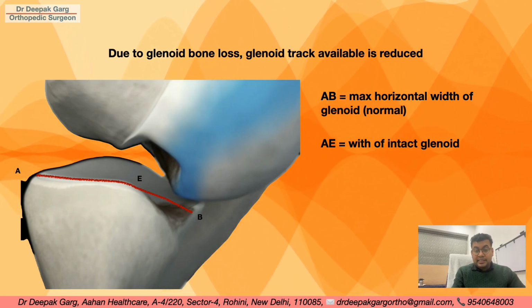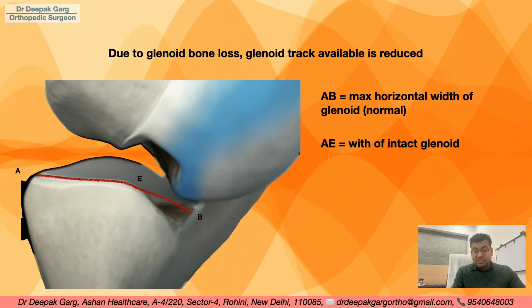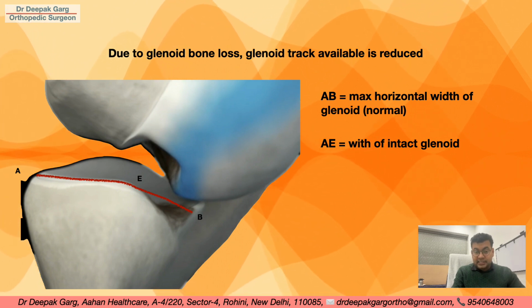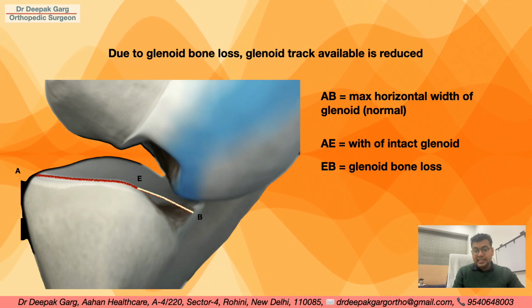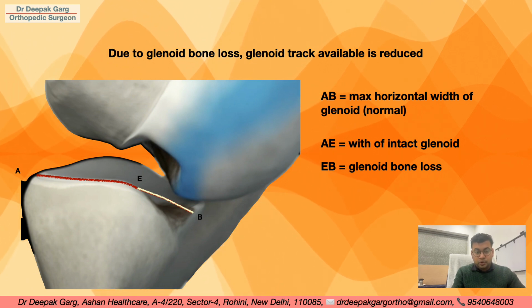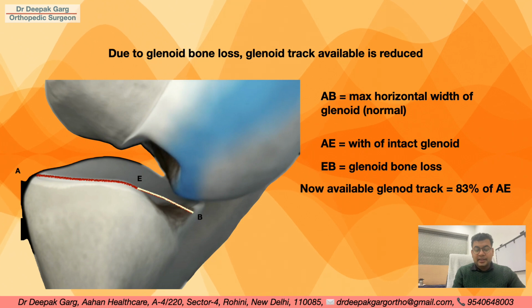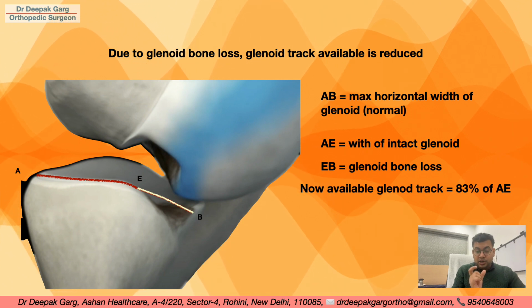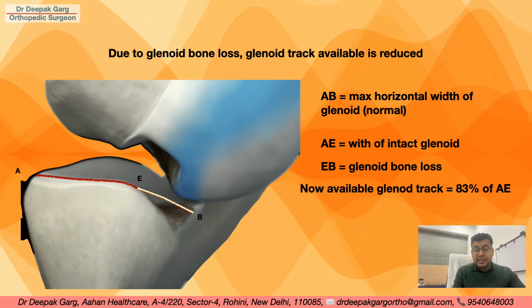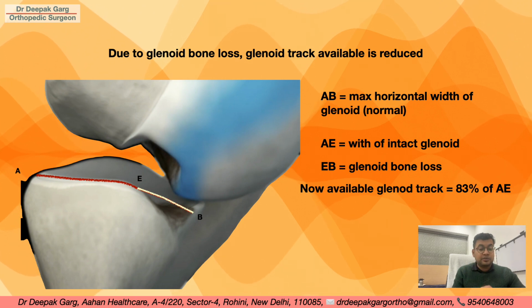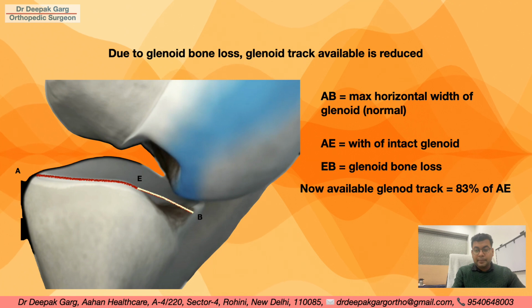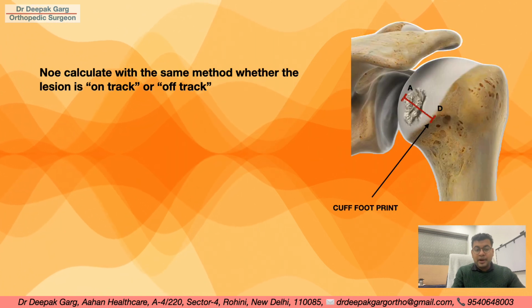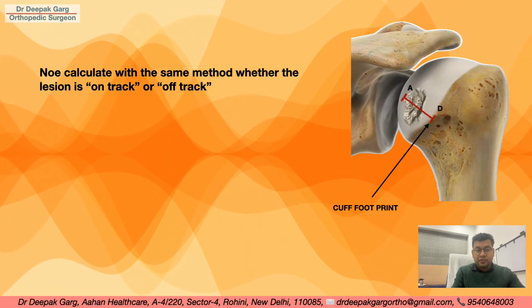Then we calculate the intact glenoid width, that is AE in our case, so EB is the glenoid bone loss. Then we calculate the glenoid tract, that is 83% of the intact part of the glenoid. Now it is 83% of AE and not AB. And then similarly we go and calculate the on track and off track lesions.